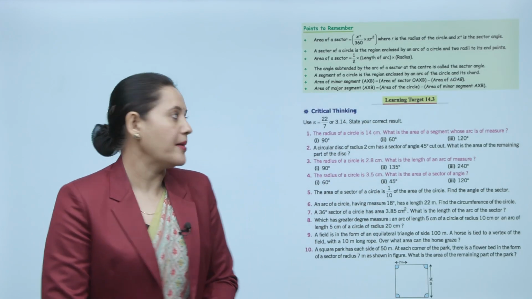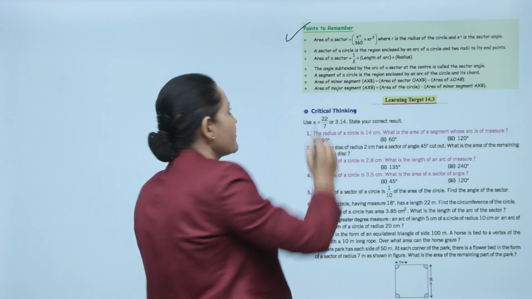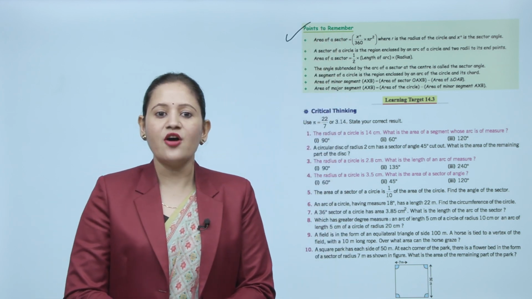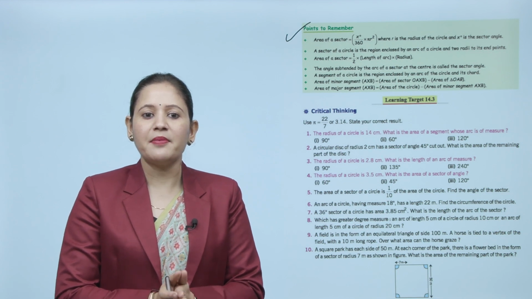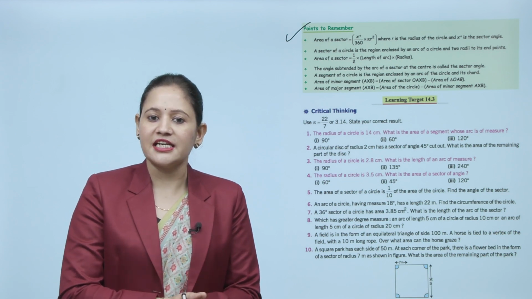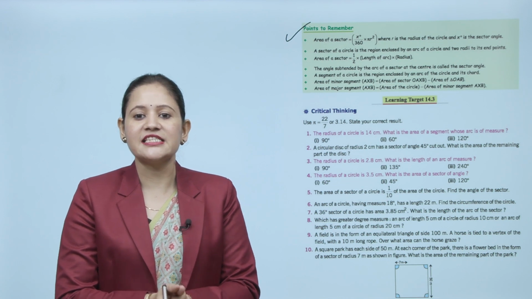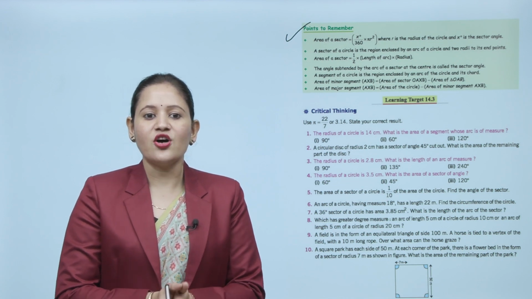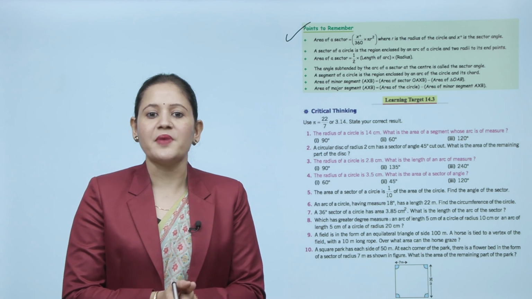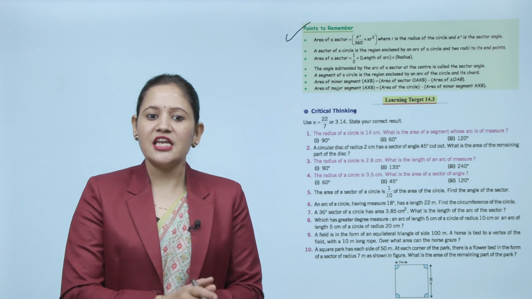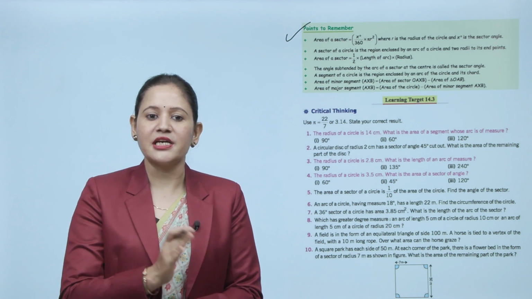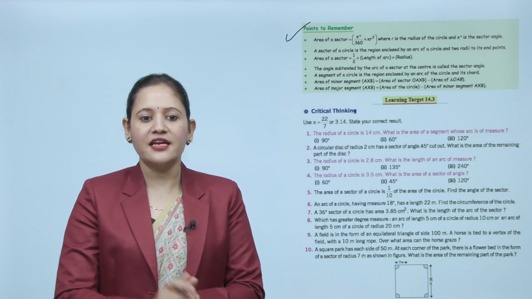Next, points to remember. Area of a sector equals x degree upon 360 degree multiplied by pi r square, where r is the radius of circle and x degree is the sector angle. A sector of a circle is the region enclosed by an arc of the circle and the radii at its end points. Area of sector equals 1/2 multiplied by length of arc multiplied by radius.